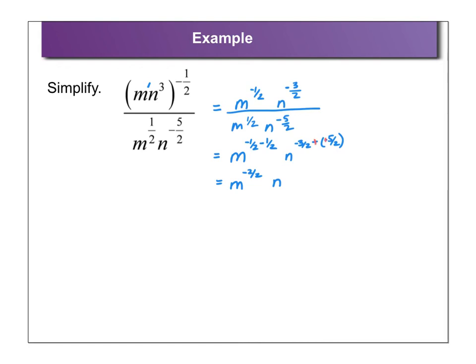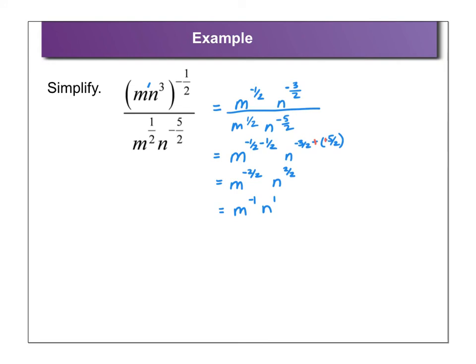So I'll get -3/2 plus 5/2, which is going to give us 2/2. If I simplify the fractional exponents, this will become m to the -1 times n to the 1, which of course I could just write as n.